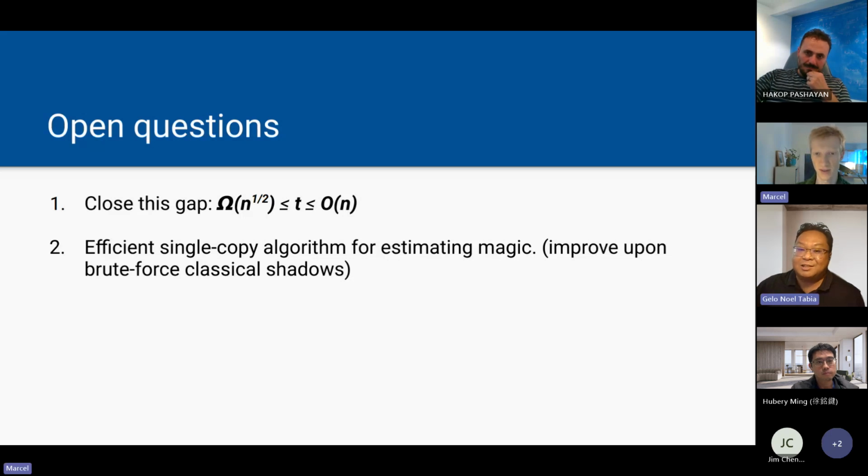Yes, for example, in their case, if you allow 2 copy measurements, there are already certain improvements you can make for certain observables. Totally. And actually, in most cases, 2 copy things are perfectly fine. For instance, for Pauli operators, you just need 2 copy capabilities.